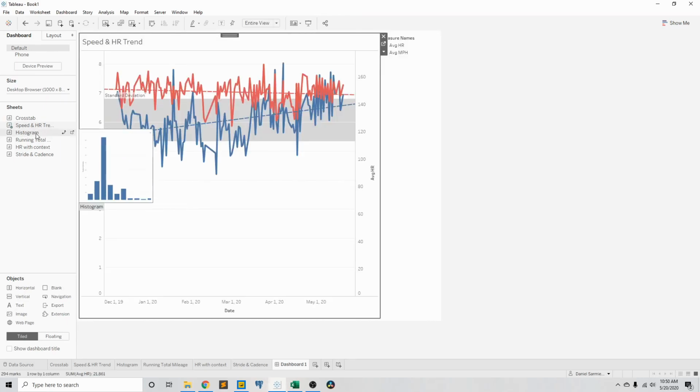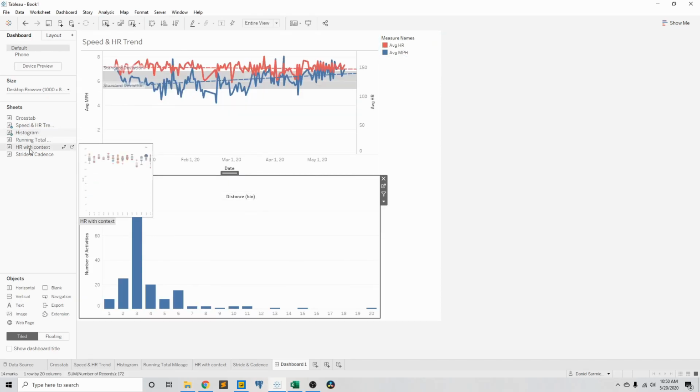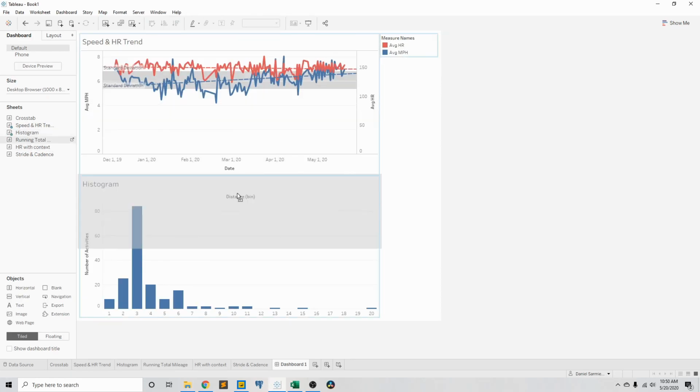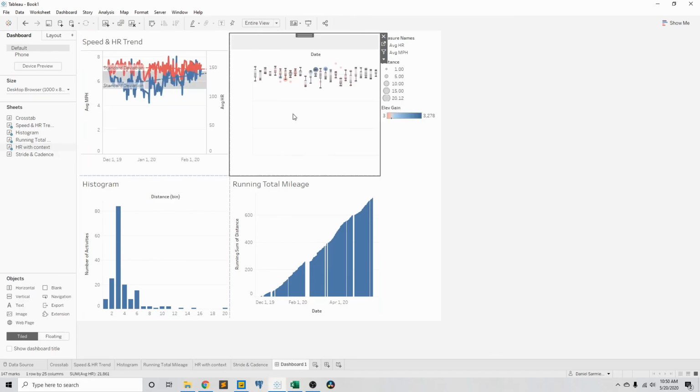Let's look at our speed, our histogram, our run total, and our heart rate with context. Yeah, I can move these things around, but generally speaking, more things are possible when you take control of your data and you build your own things.